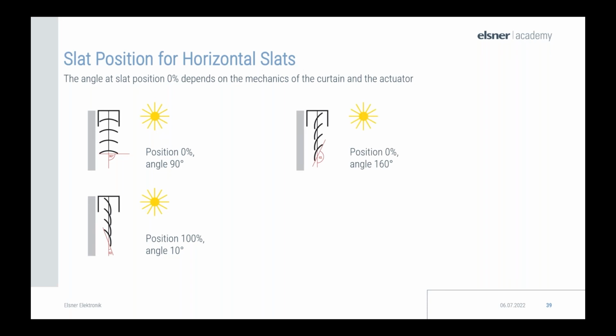Shades that fold inwards can be seen in the picture above right. Here, the angle is, for example, 160 degrees at 100% slat position. The angles must be measured, for example, with a set square or requested from the shading manufacturer. The determined values are then entered in the parameters. Here you can see the parameters.